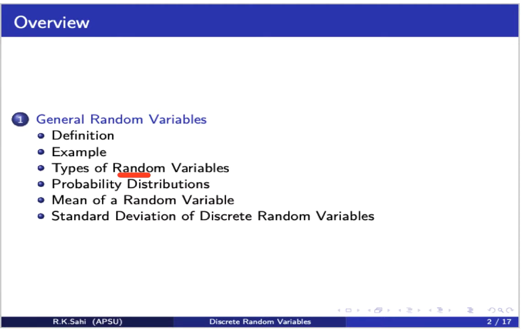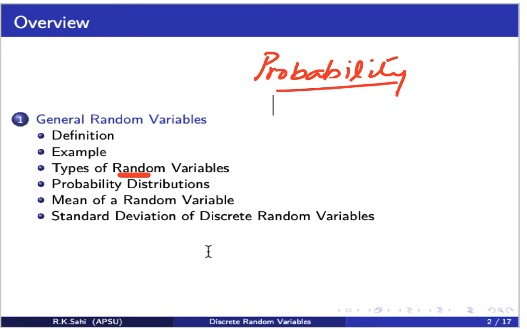So before I start with the random variable, let me talk about some things we have done earlier. The first thing we're going to talk about is probability. Now recall, probability is used in quantification of uncertainty.